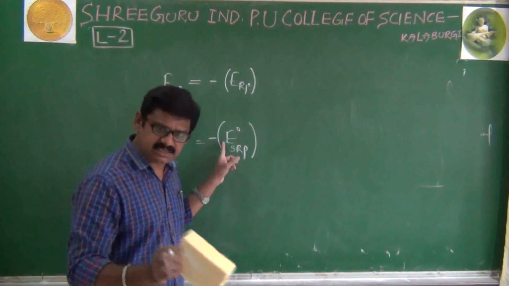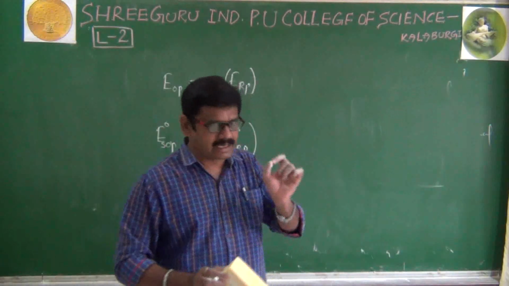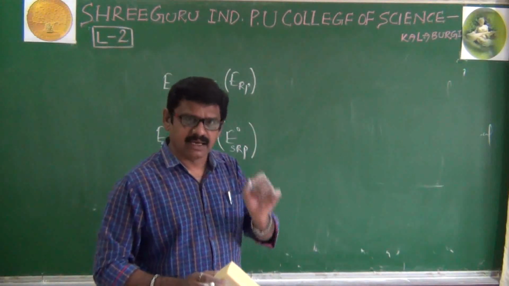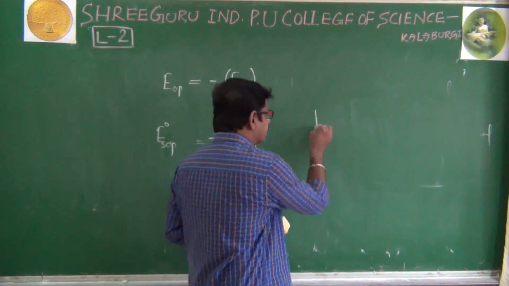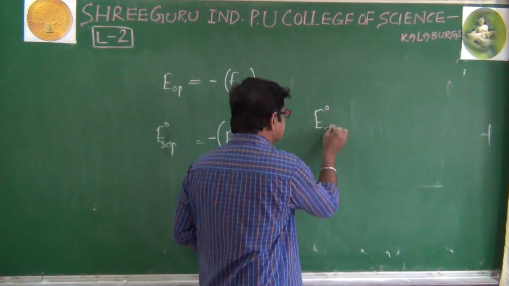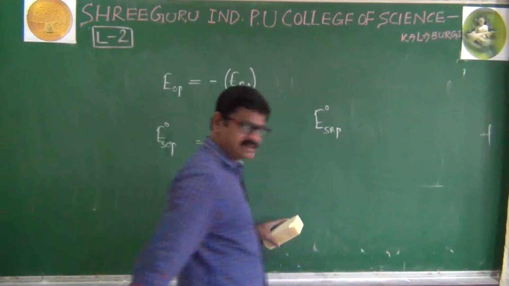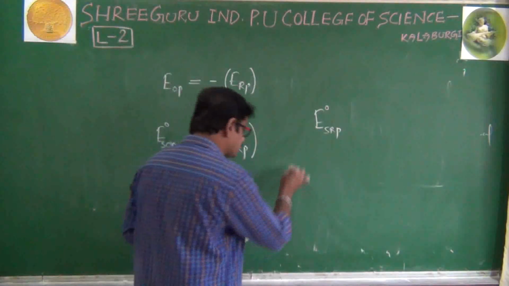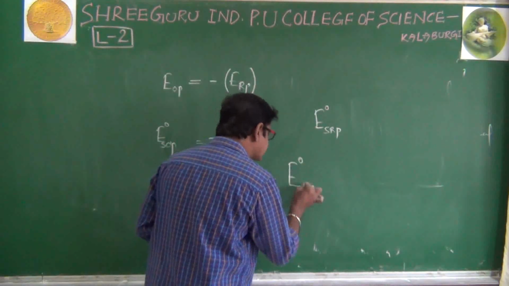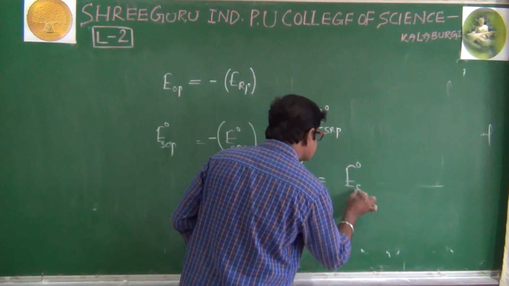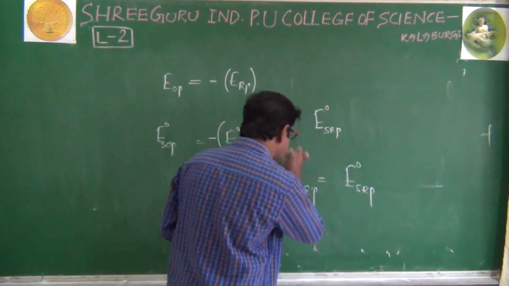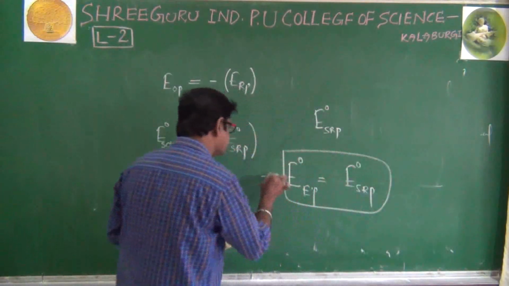In electrochemistry, wherever you find electrode potentials, they are particularly reduction potentials only, especially standard reduction potentials only, that's it. Therefore, in electrochemistry, E naught electrode potentials are nothing but E naught standard reduction potentials only. This is very, very important.